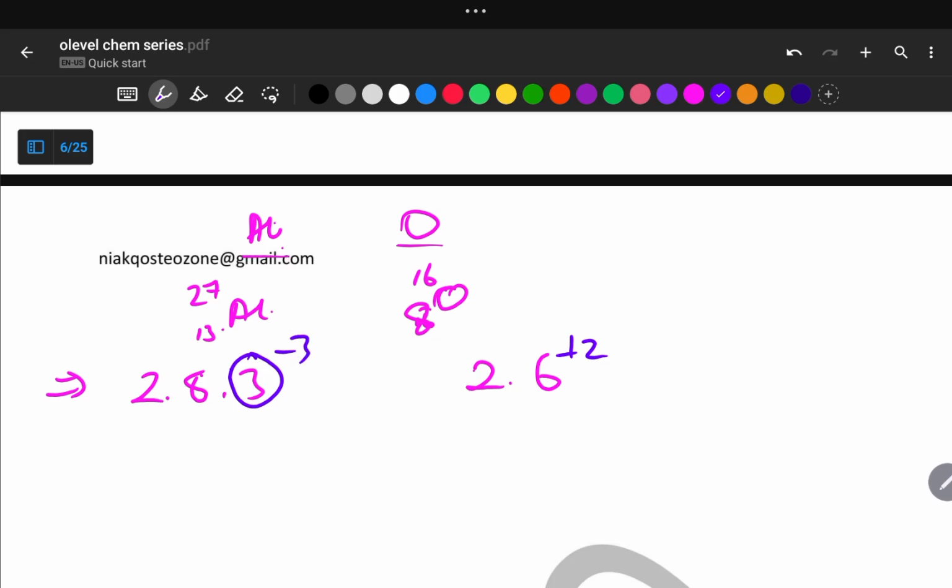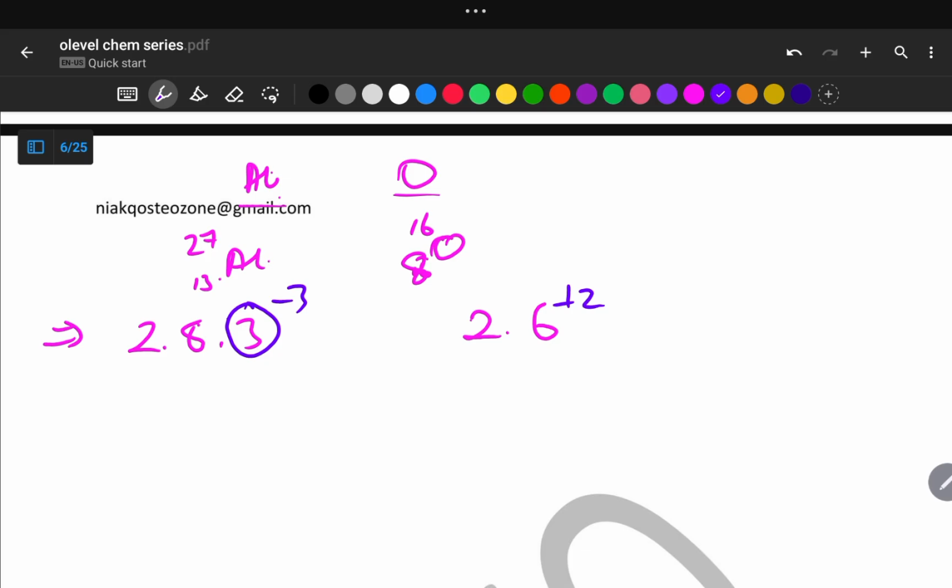So how many aluminium atoms are we going to use? And how many oxygen atoms are we going to use? This aluminium will give an oxygen atom 2 electrons, and then we are left with 1. Then we are going to have another oxygen atom which needs 2 electrons. Each oxygen atom needs 2 electrons. And then we are going to have another aluminium atom which will give away 3 electrons.